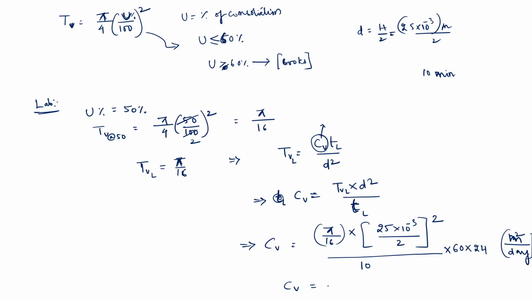So this one is 4.41786 into 10 to the power of minus 3 meter square per day.